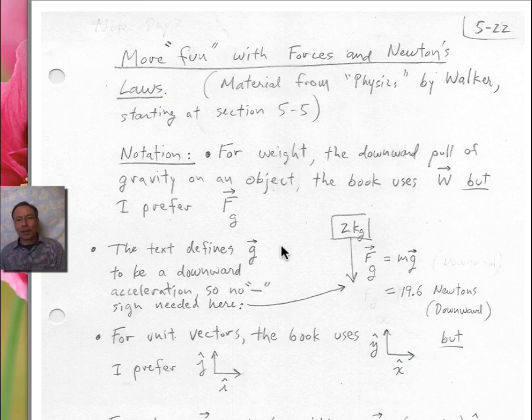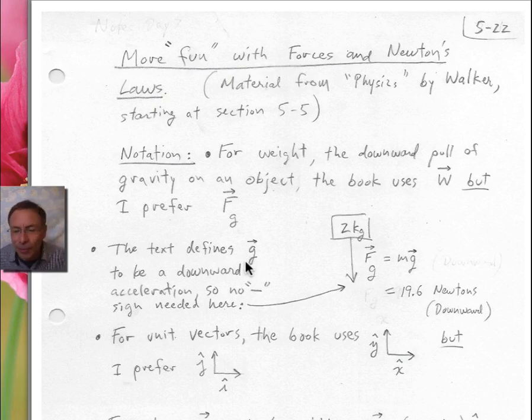Another little technical point, the book defines a vector called g with a vector sign above it to be the acceleration of gravity, and so this g has the negative sign, the downward direction built into it. So you don't need to put minus g like we did before because it's already built into the vector g.